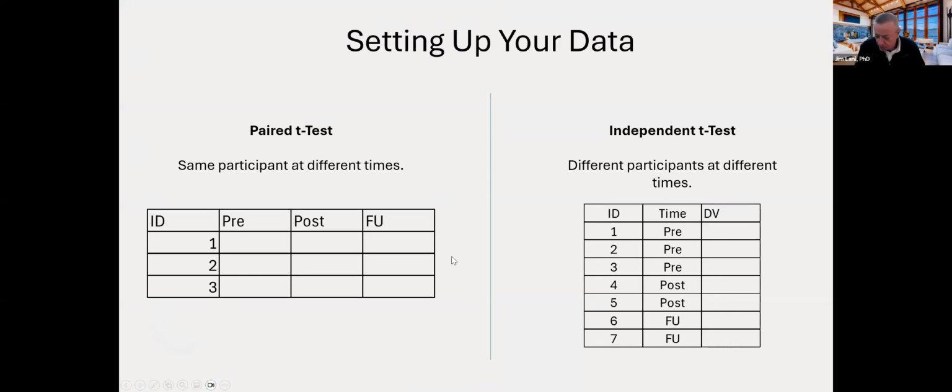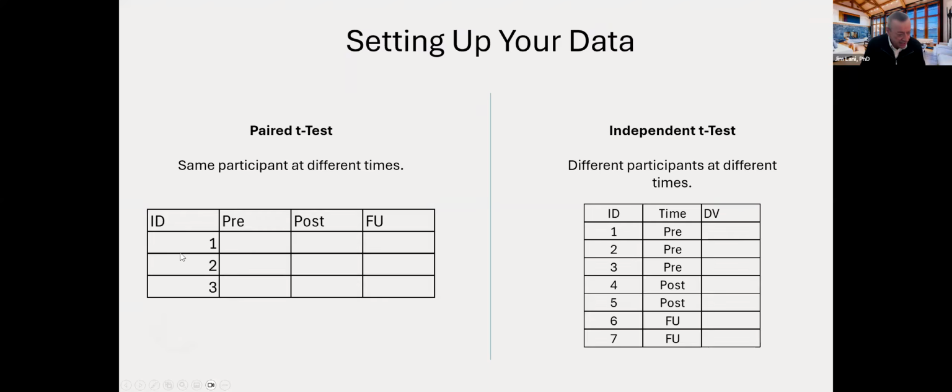Alrighty. Someone mentioned how do you set up data. Here's the rule of thumb. Whether you're doing a paired t-test or independent t-test or other things, the ID, that is the participants, are always in the rows, okay? 99.999% of the time, participants are in rows, the variables are in columns.